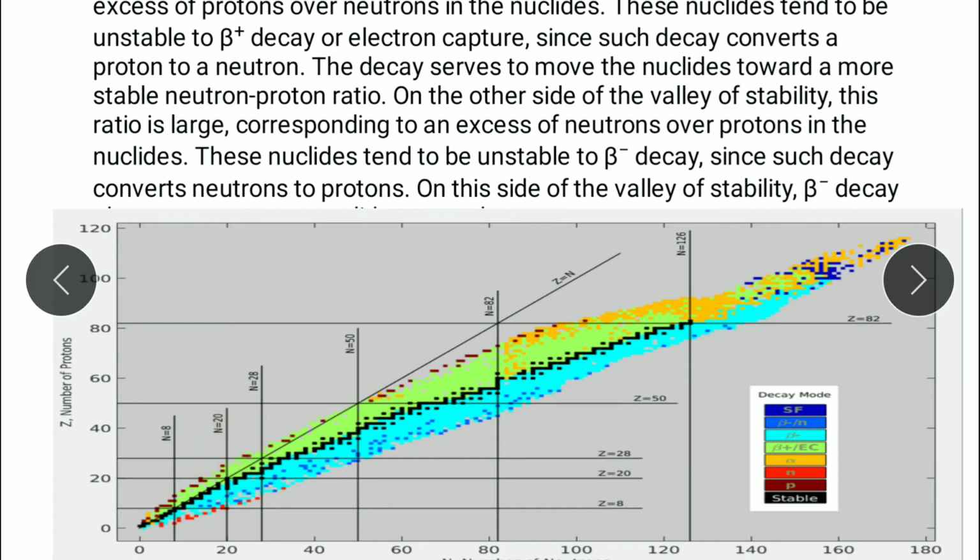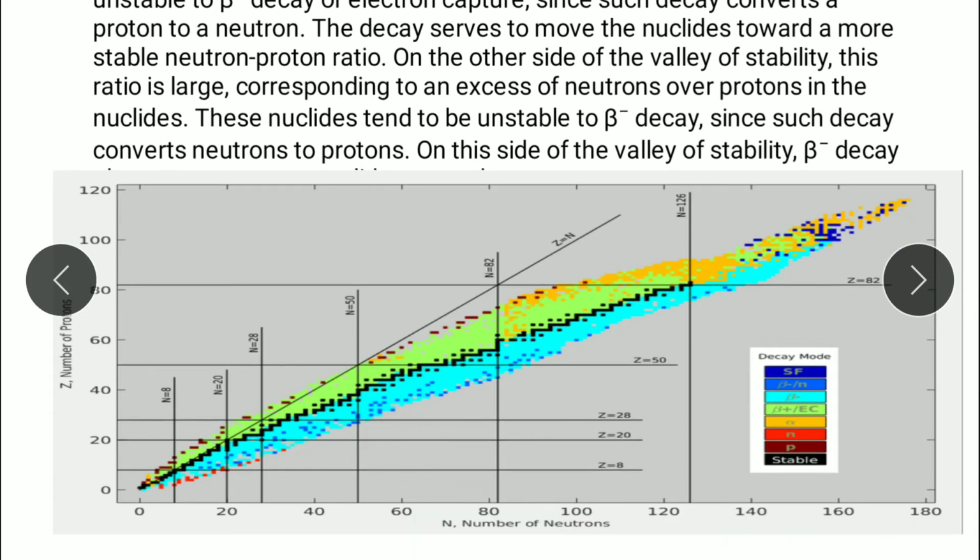There is a stability curve that increases diagonally, okay, diagonally from up to this. What happened up to this? See here, blue dots are beta minus decay, whereas green color is B plus.